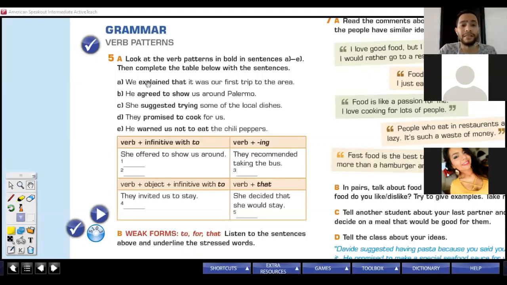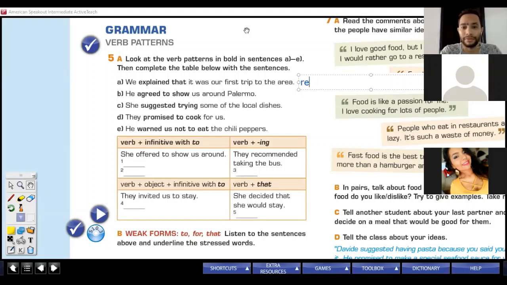What is that? It means that after this verb, the pattern that is needed is a relative clause, right?